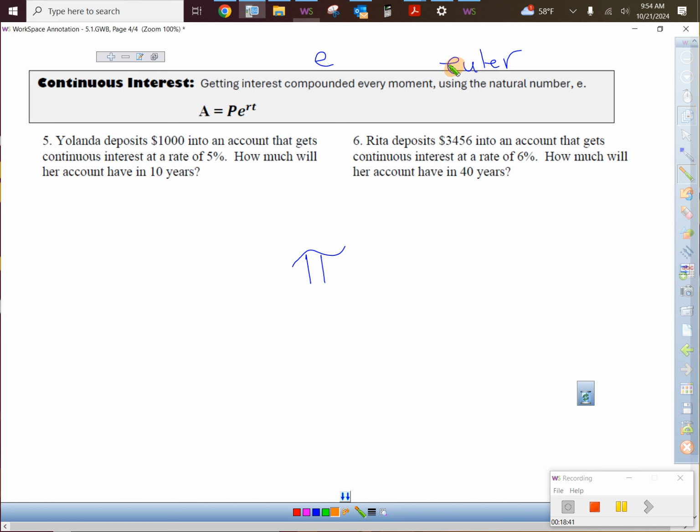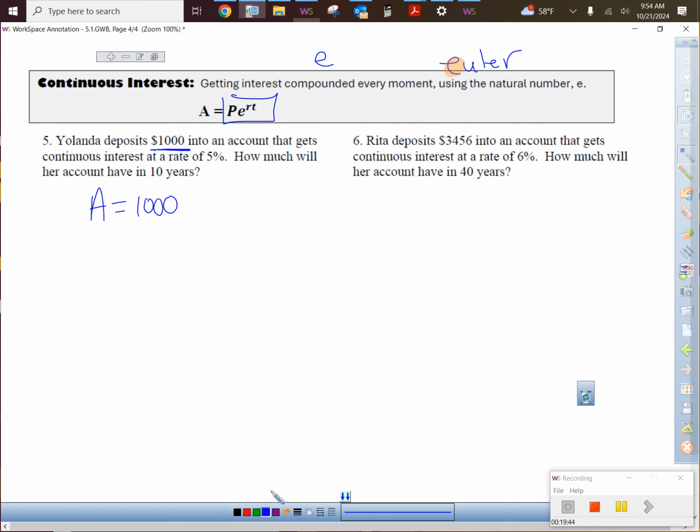So long story short, we are going to use this formula. We call it PERT, just because of how it spells. So A is still your future value, P is your principal, E is the number, right? E is a weird number, it's on your calculator, and it's raised to the rate times time. So let's do it. Our starting value is $1,000.